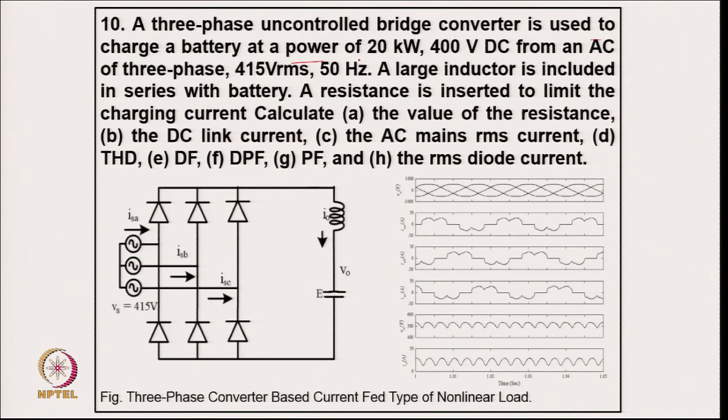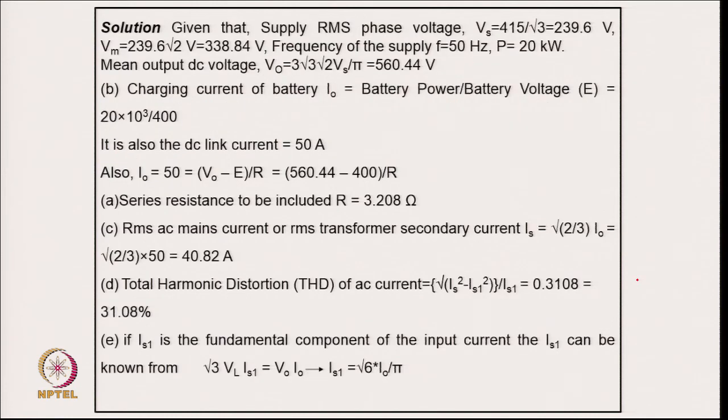A 3-phase uncontrolled rectifier is used for battery charging of 20 kilowatt at 400 volt DC from a 415 volt 3-phase AC supply. A large inductor is included, and a resistance is inserted. We calculate the resistance, DC current, AC mains current, THD, distortion factor, displacement factor, power factor and RMS diode current. These are the typical currents in the supply, which have quite a lot of harmonics. We can calculate the charging current of the battery from here because we know the power. The DC link current is this much.